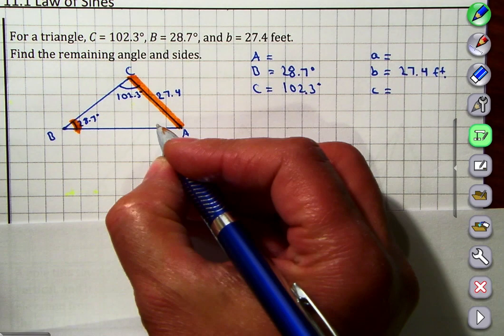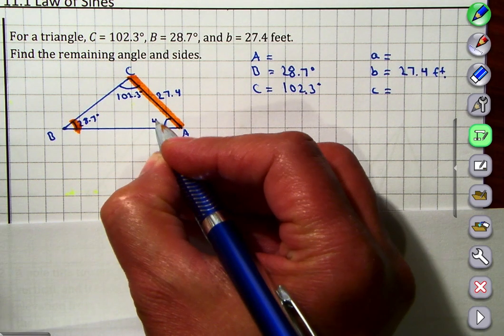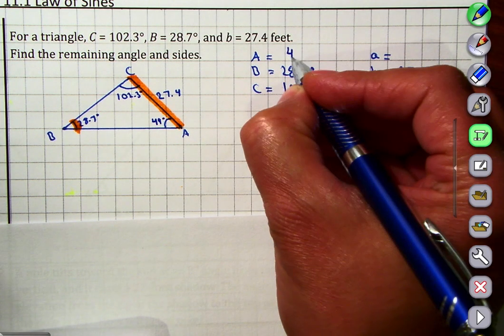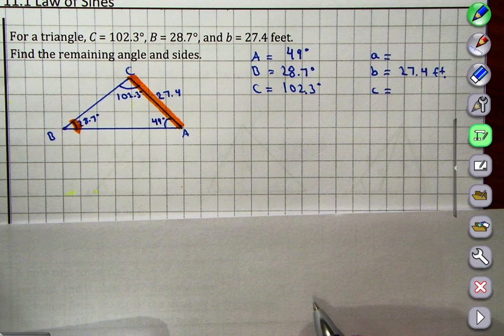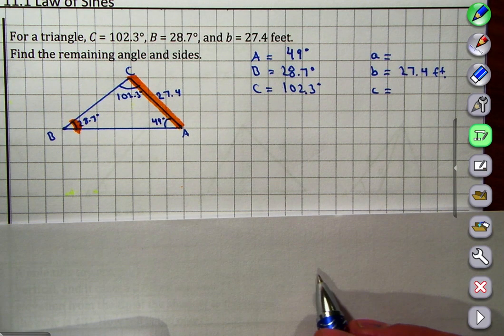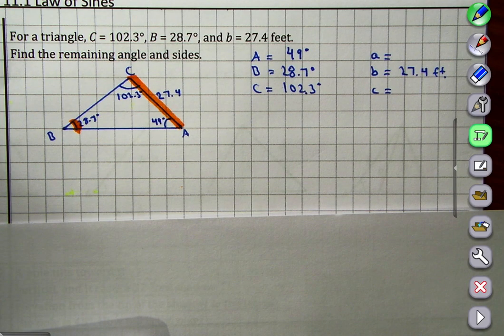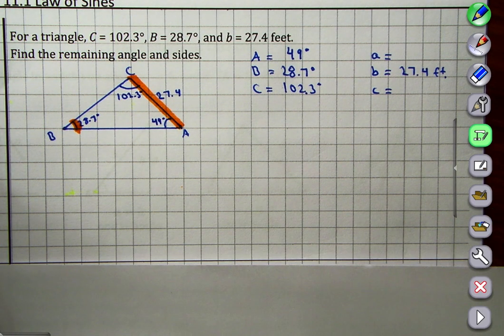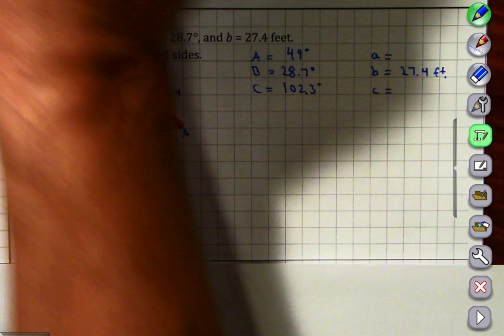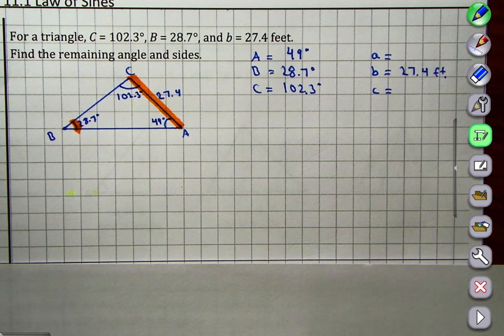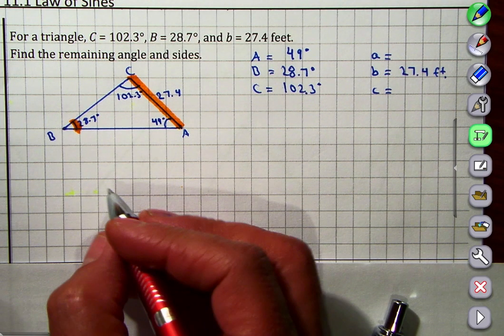So therefore angle A is 49 degrees. So we have all three angles. So let's find side a first, and then we'll come back to side c.